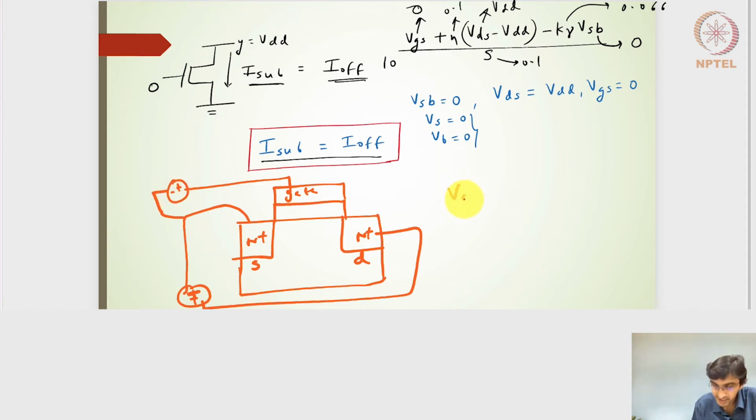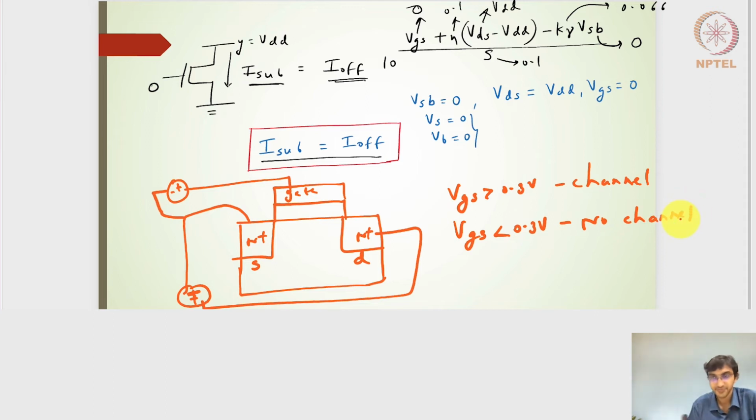We used to say that only when VGS is greater than 0.3 volts will I have the channel, so I will have some channel here. And if VGS is smaller than 0.3 volts, there won't be a channel. So I said there is no channel, which is incorrect.